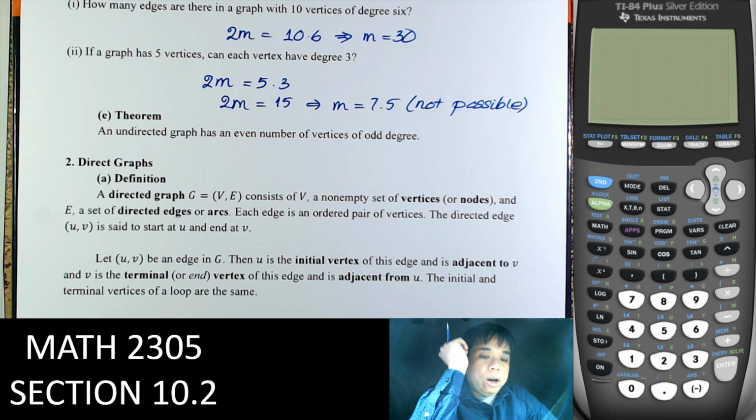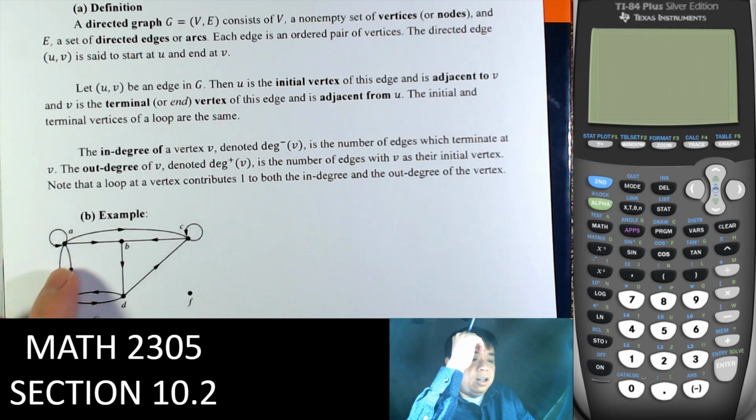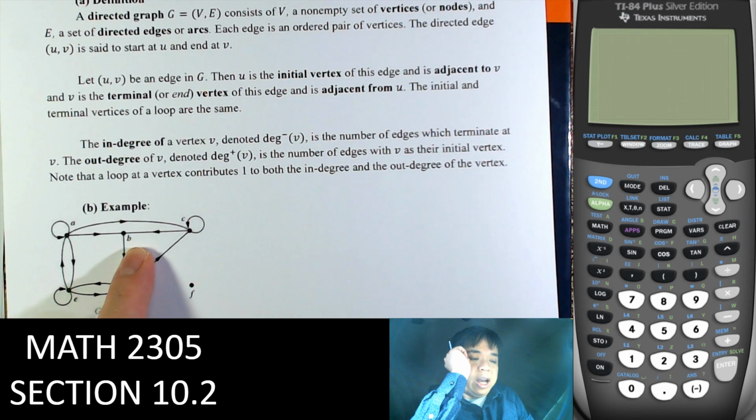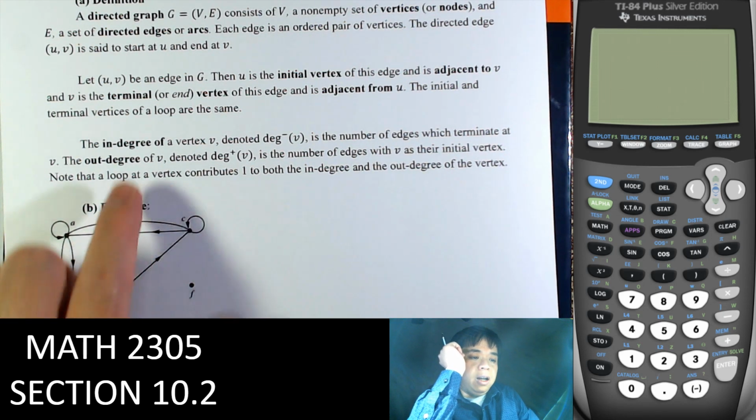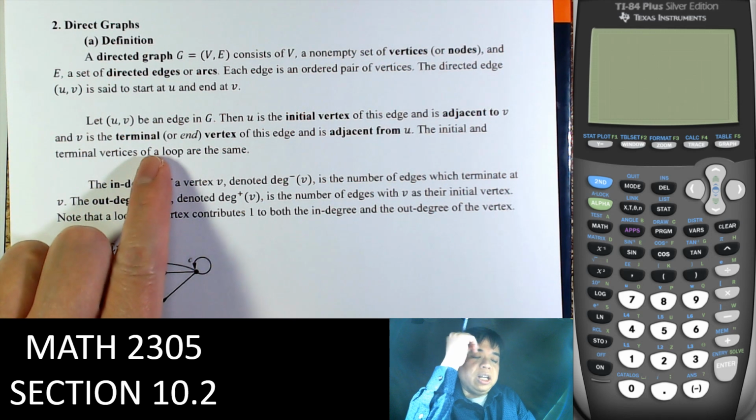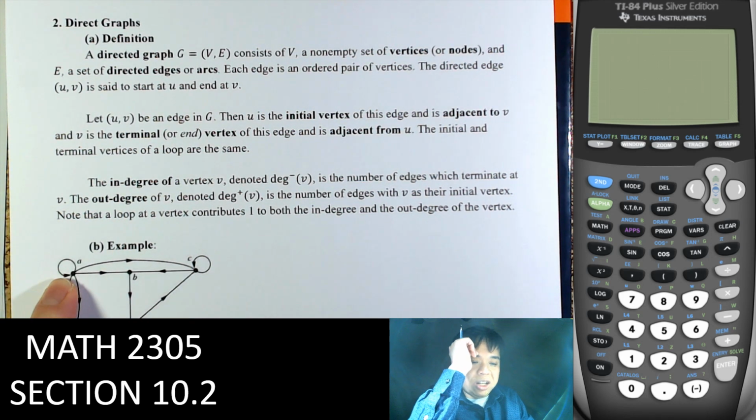Right. For the directed graph, we do the same thing, but this time the graph will have a direction. So in that case, we have the terminal and initial. Initial is the one where it starts, the terminal is where it ends.